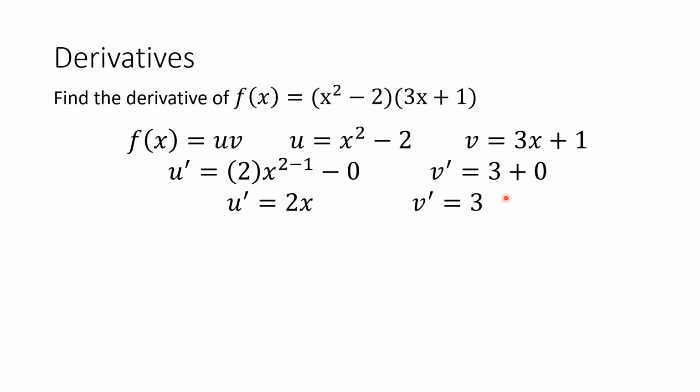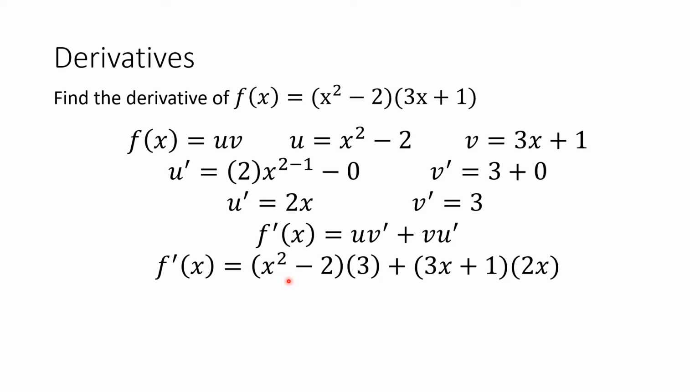So substituting the values of u, v, u prime, and v prime to the formula of the derivative of a product, which is u times v prime plus v times u prime, we will have the u, which is x squared minus 2, multiplied by the v prime, which is 3, plus the v, which is 3x plus 1, multiplied by u prime, which is 2x.